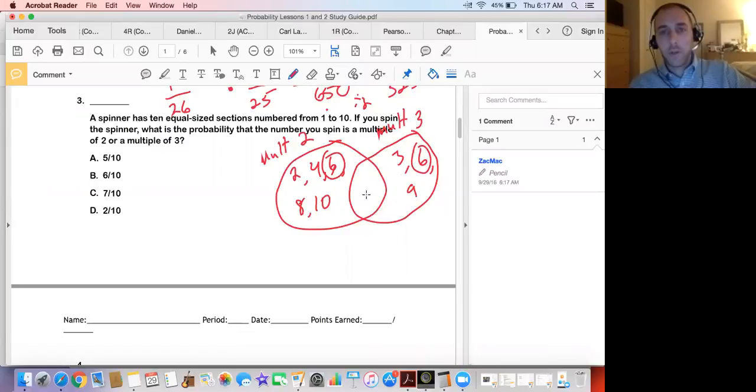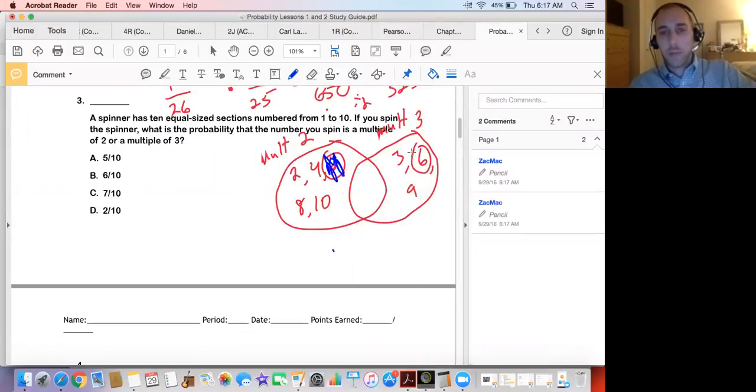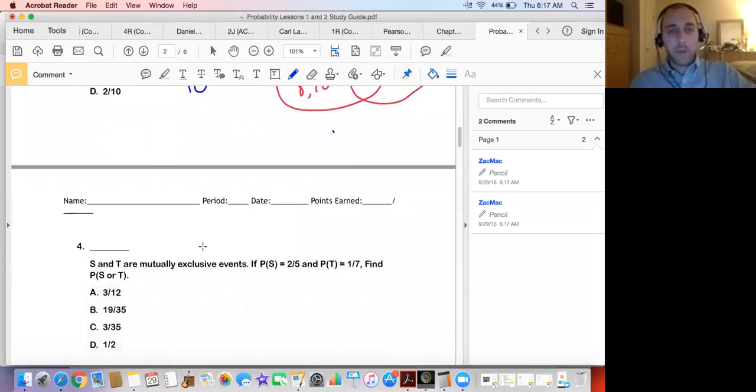So what we want to do is scribble those out and write it one time in the middle, so we're not counting it twice. And then our total possible outcomes that fit these criteria would be 1, 2, 3, 4, 5, 6, 7 out of 10. And that's it. Letter C. Perfect.